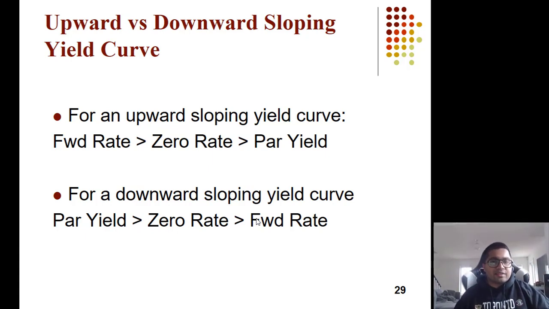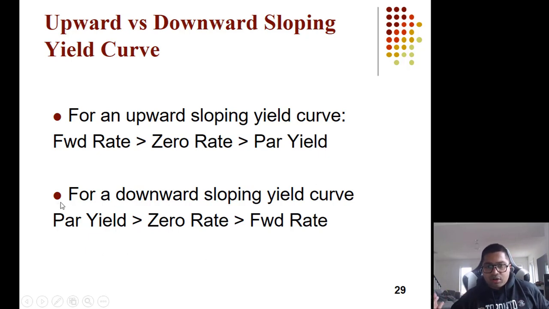If forward rate is greater than zero rate right now, you will see an upward sloping yield curve. 99% of the time you will get an upward sloping yield curve, because one theory of interest rates suggests that the longer the time frame, the higher the rate should be to compensate for the time frame. That's why the yield curve is generally upward sloping, but sometimes it is downward sloping.